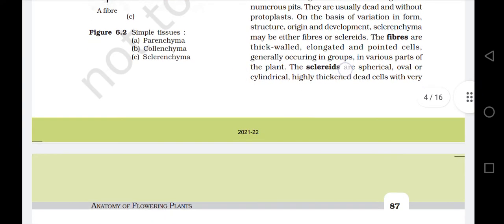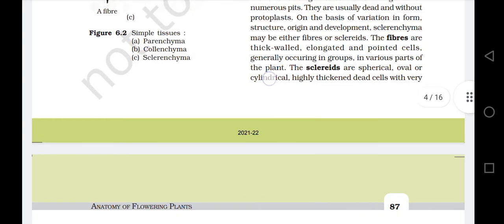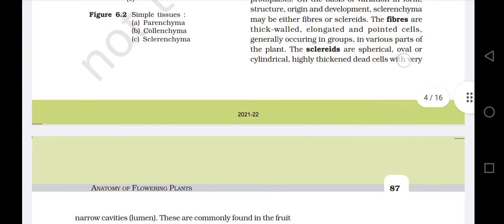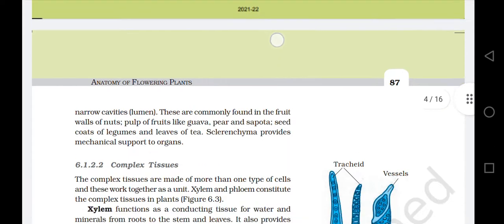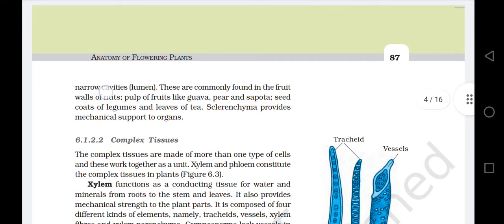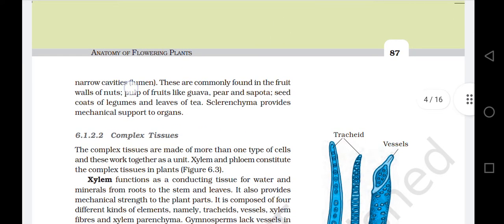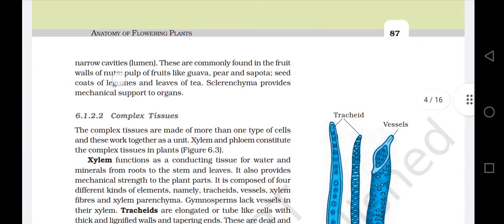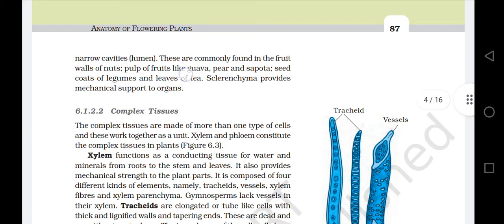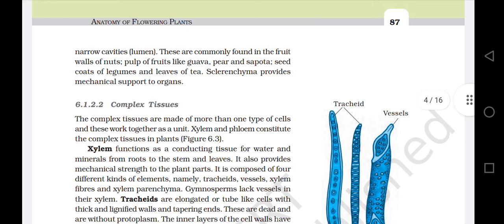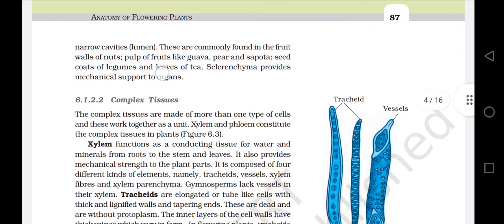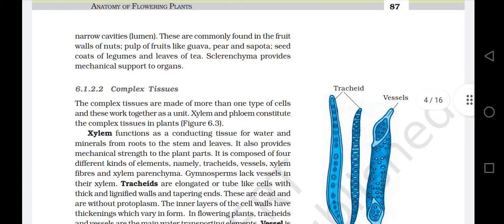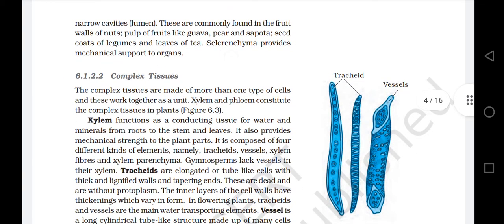The sclereids are spherical, oval, or cylindrical, highly thickened, dead cells with very narrow cavities, lumen. These are commonly found in the fruit walls of nuts, pulp of fruits like guava, pear, and sapota, seed coats of legumes, and leaves of tea. Sclerenchyma provides mechanical support to organs.